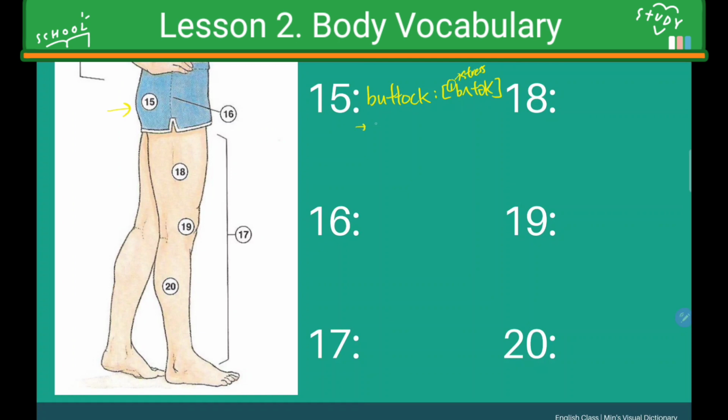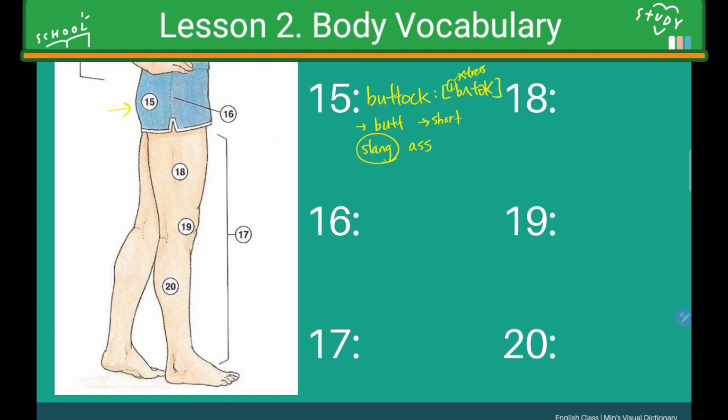We use the short form B-U-T-T a lot. So butt is the short form. And in real life, just between friends or being rude, we use the word ass as slang.